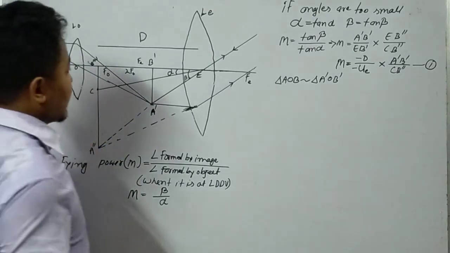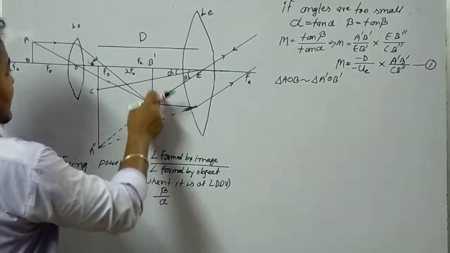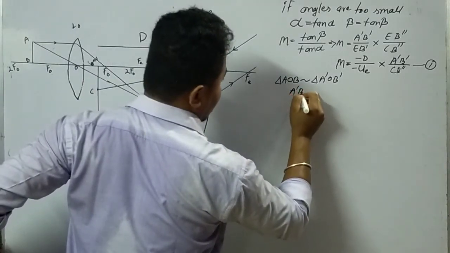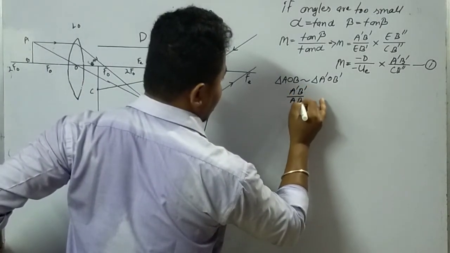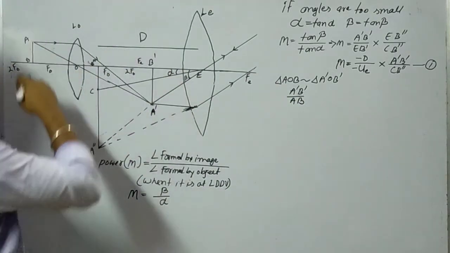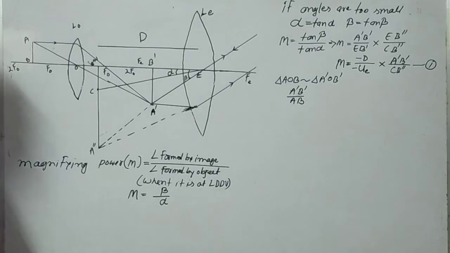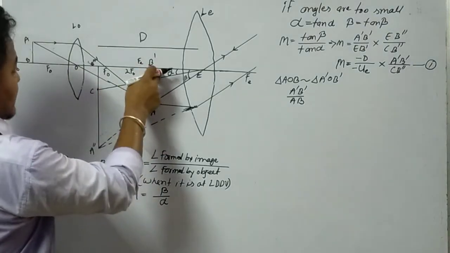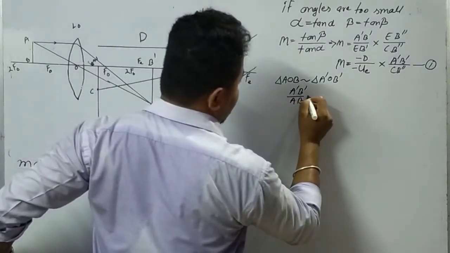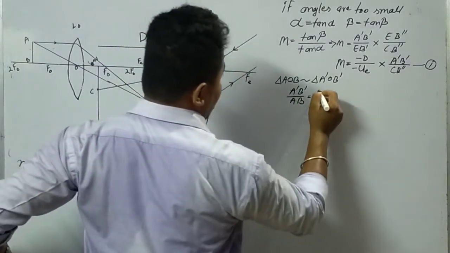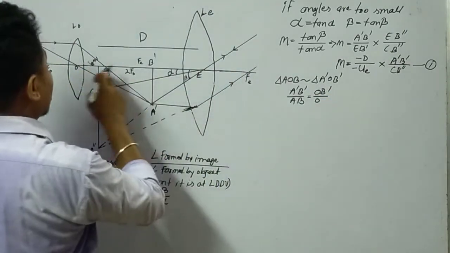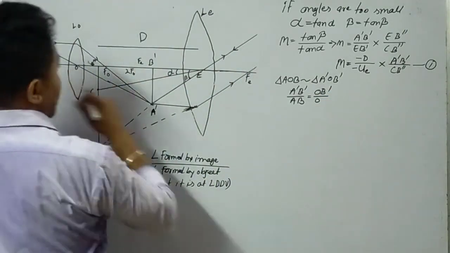So from here we can write A dash B dash by AB, the bigger side. Have you got it? Then I can write OB dash by OB.